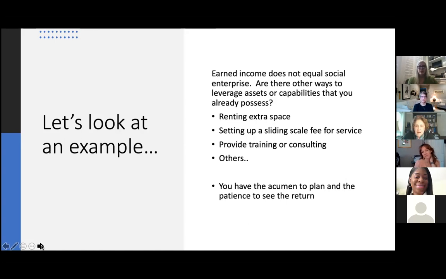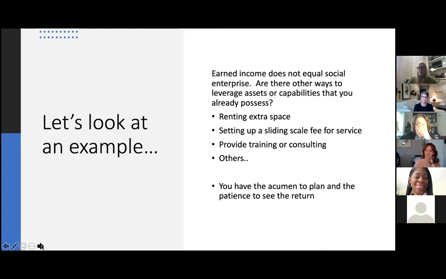You really have to understand all of the costs, not just the directs. Even an example like renting extra space: somebody on your staff administratively has to take those calls, has to take the money, has to be at the space, has to make sure the janitorial comes and cleans the space after that, has to deal with the client complaints.